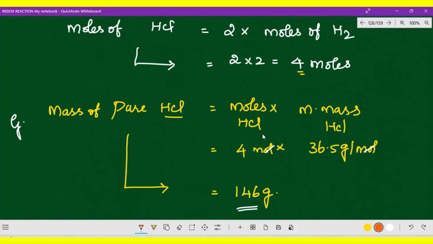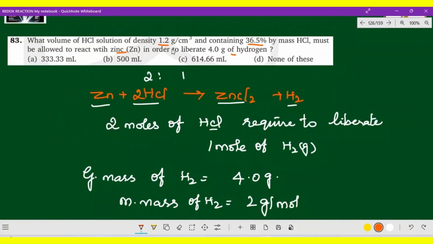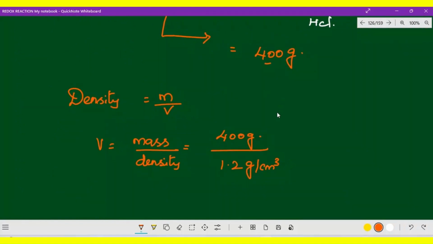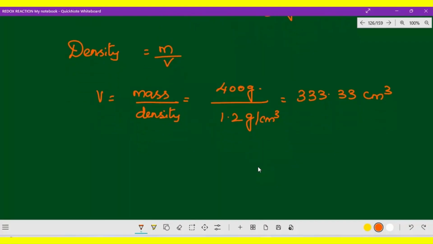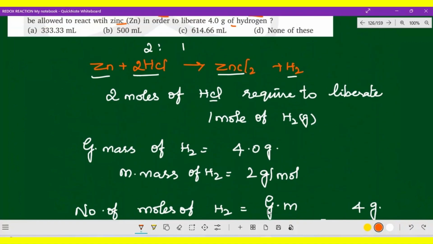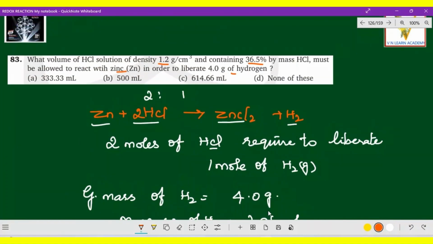So you will get 333.33 centimeter cube. So the volume of the solution required to react with the zinc and liberate hydrogen is 333.33 centimeter cube, which is nothing but ml only.